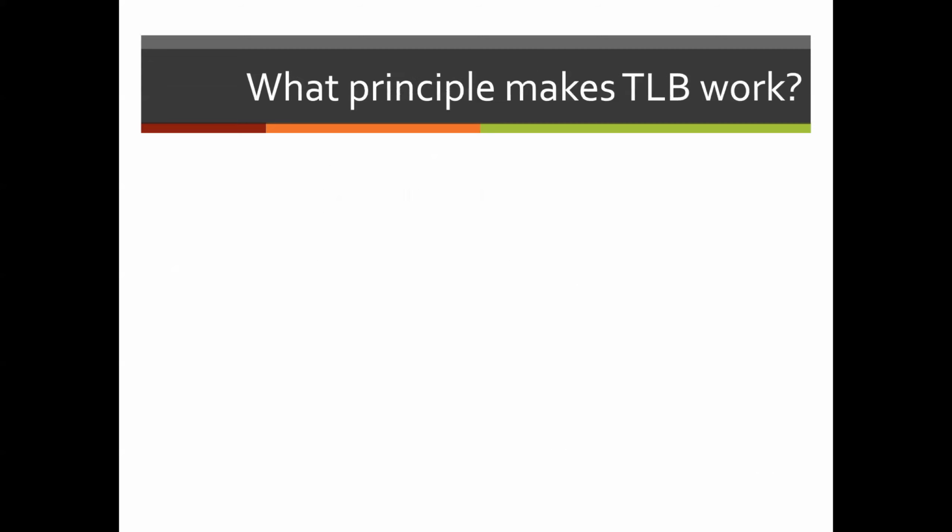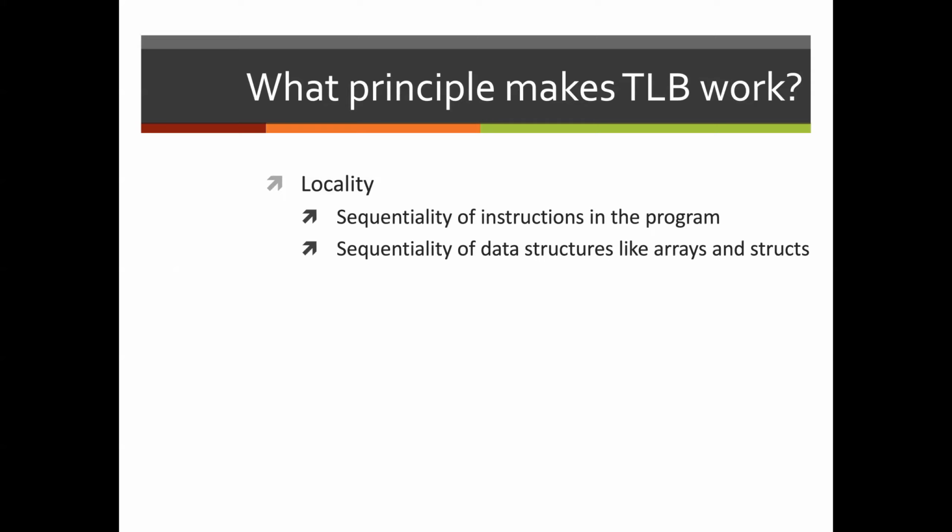So what makes the principle of a TLB work? We have the consideration of locality. And when we talk about locality, we're talking in terms of sequentiality. When we say the sequentiality of instructions in the program, as well as the sequentiality of the data structures like arrays and structs.